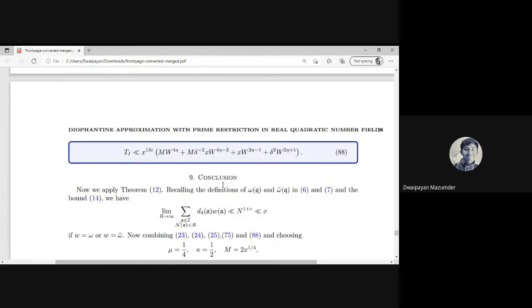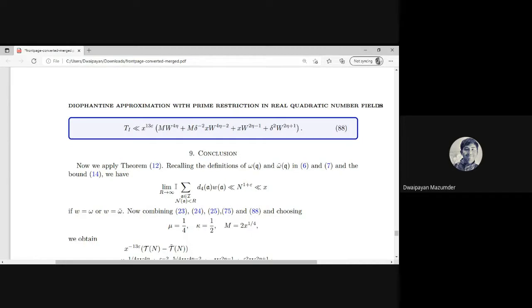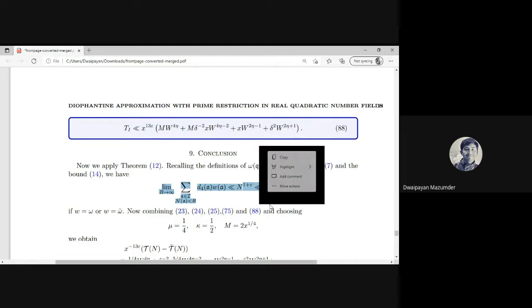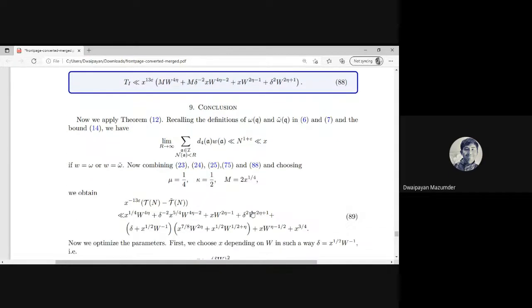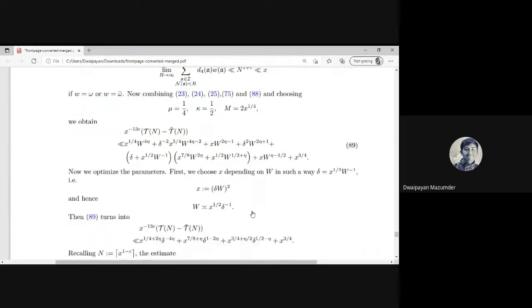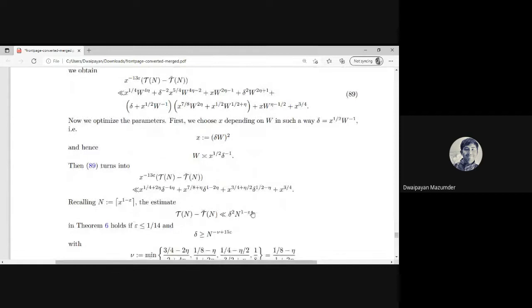Now the conclusion part is we can show this equation, with omega tilde and omega q and omega tilde q. Then one can really prove this particular thing, because it is required to use the partial summation formula. We can prove the partial summation formula and use it. And if you combine all those results, you actually get this one. That is required. That is our Theorem 6.